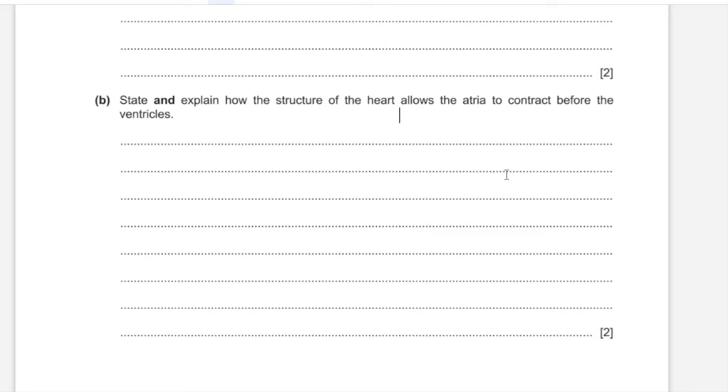So the excitation wave has to pass through a band of fibers which does conduct, and that would be the atrioventricular node, which delays the impulse and then relays it, which is the reason that atria contract before ventricles.